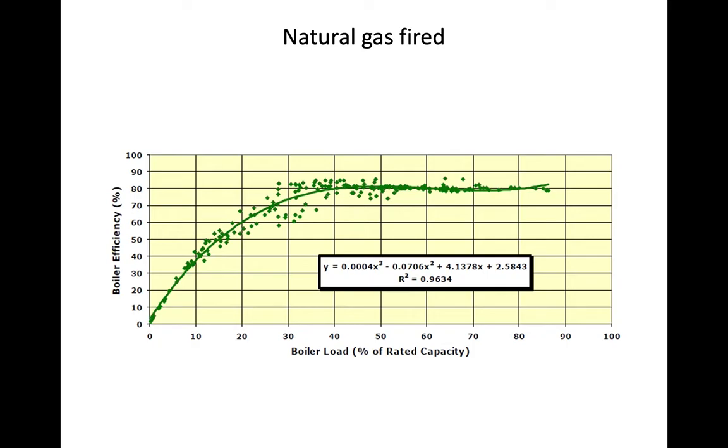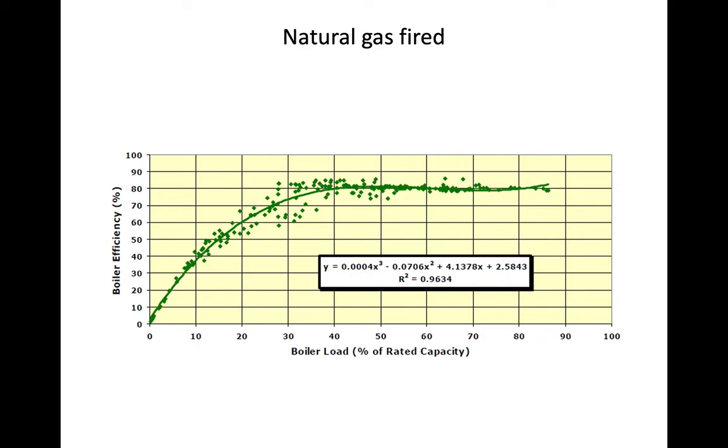Here x is the boiler load and y is the boiler efficiency. So we can estimate, if the boiler load is, for example, 50%, we put this 50% into this equation, 0.004 multiplied by 50%, and so on, and then we can get the boiler efficiency from this equation.